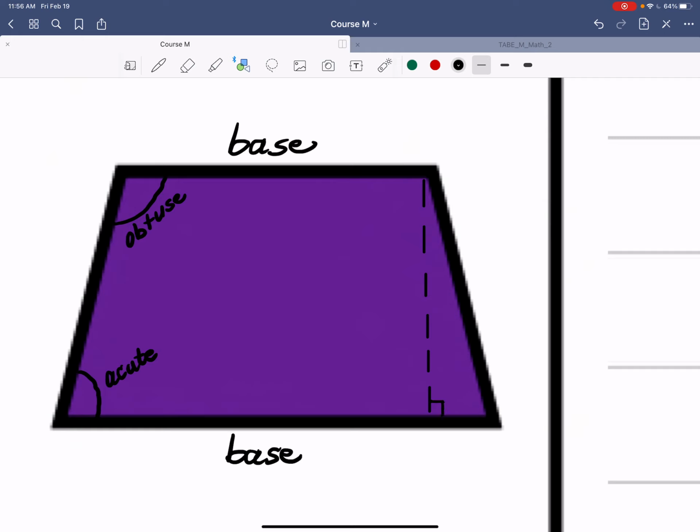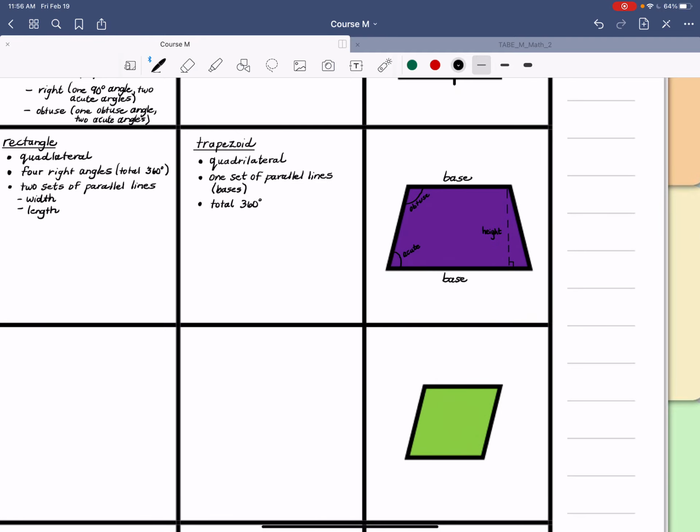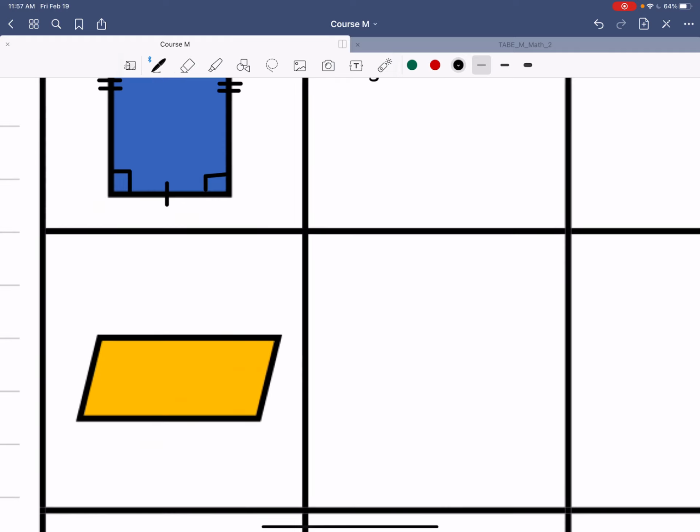That is so important, because think about when you go to the doctor and they measure your height. They don't want you leaning to do that. They want you standing straight. So the height is an imaginary line, but it is that distance right there. Okay. So much information to show you here.